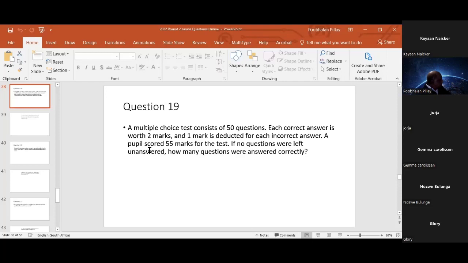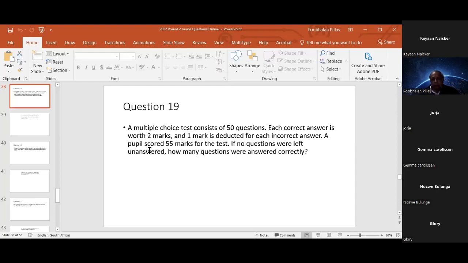So sometimes people, if they don't know the answer, they just put a blank because they don't want to take a chance and lose a mark. All right, so they say 1 mark is deducted for each incorrect answer.